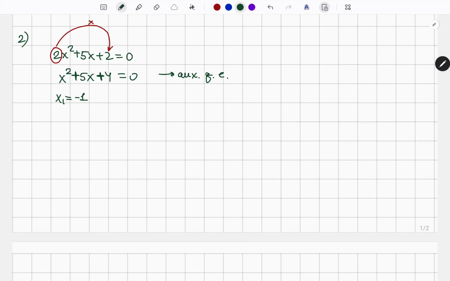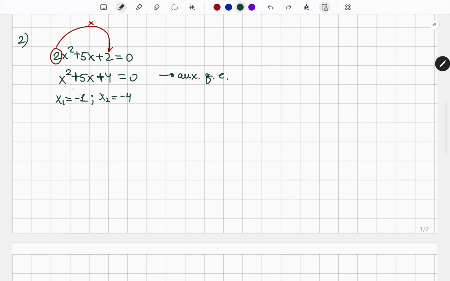You can check by putting it back into the equation, and it really fits. The second root is the constant term divided by the first root. It's -4. But these are roots of the auxiliary quadratic equation. They are not the roots of the original quadratic equation. To find the roots of the original quadratic equation, we divide the roots of the auxiliary quadratic equation by the leading coefficient of the original quadratic equation. That is, I divide by 2.